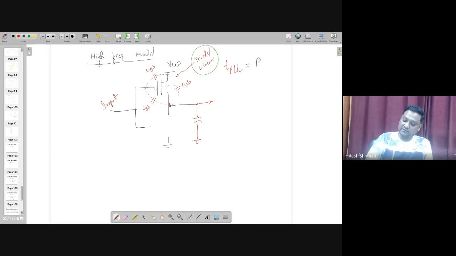So RP is the resistance which will be in the equation of triode region, in terms of VDS.